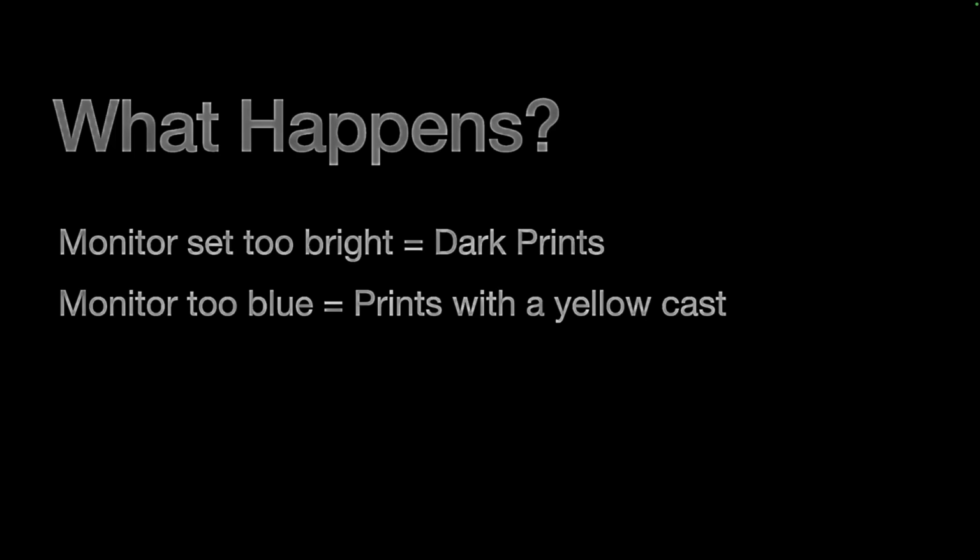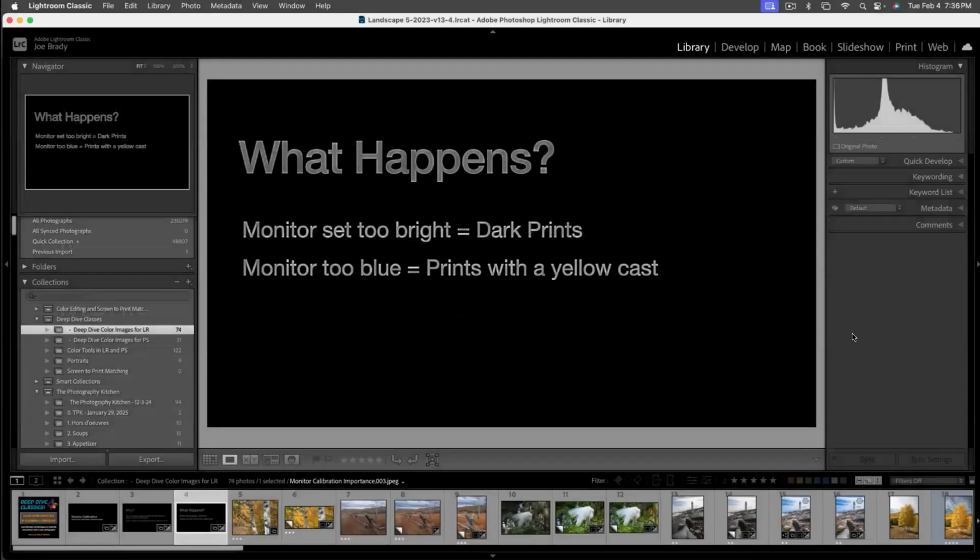But if you're trying to do color editing or image editing on it, you're going to see this blue, so you're going to try to add a little bit of yellow to counteract it. But again, it's the monitor that's adding the blue. It's not actually in the file. So when you send out for a print, you get a yellow cast on your prints. So that's the first part of color workflow, and we will talk about that in detail.